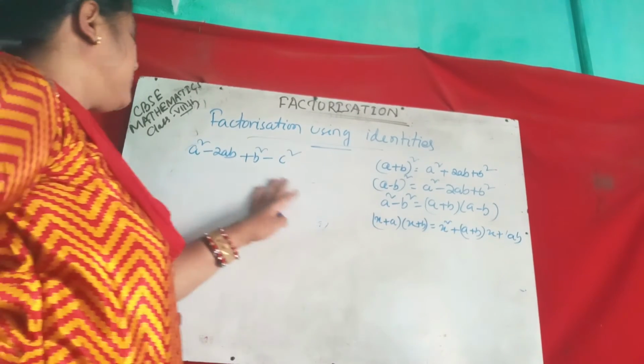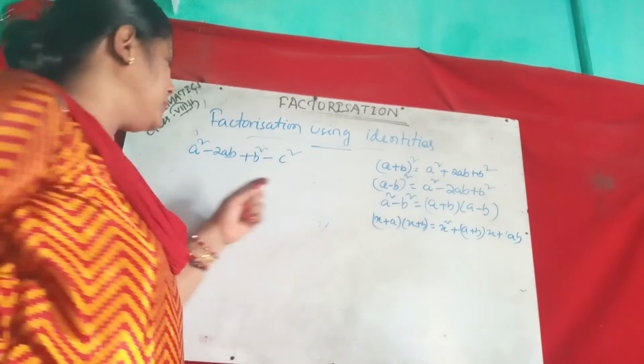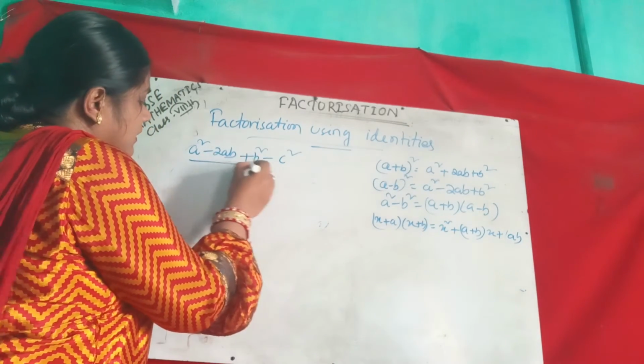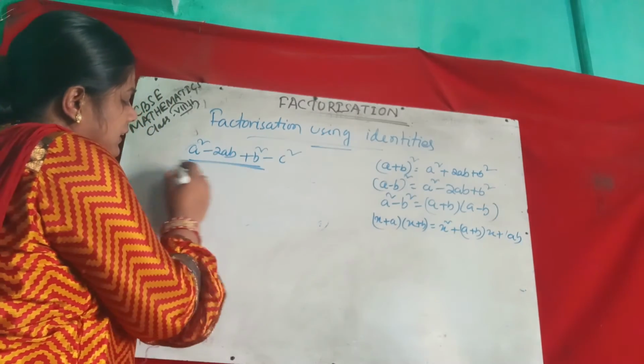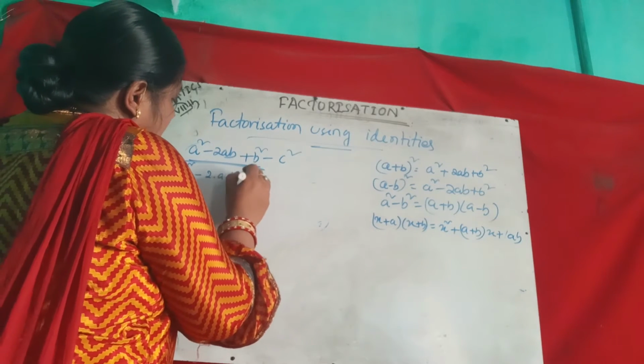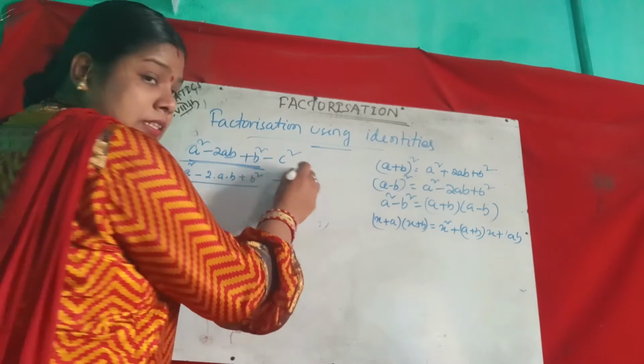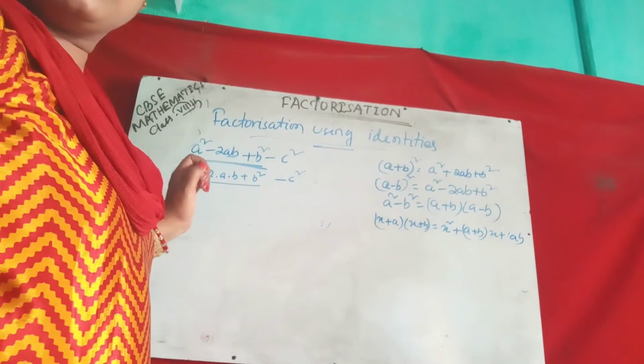Now factorize this expression: a square minus 2ab plus b square minus c square. Just see these first three terms: it is a square minus 2 into a into b plus b square, so completely (a minus b) whole square minus c square.